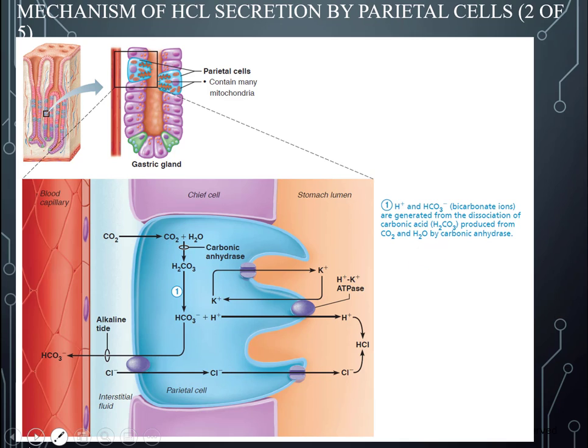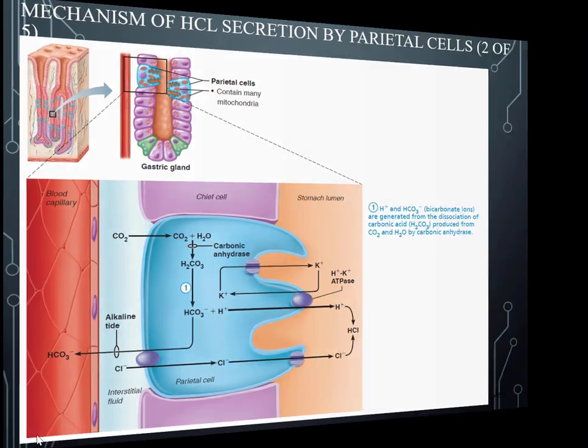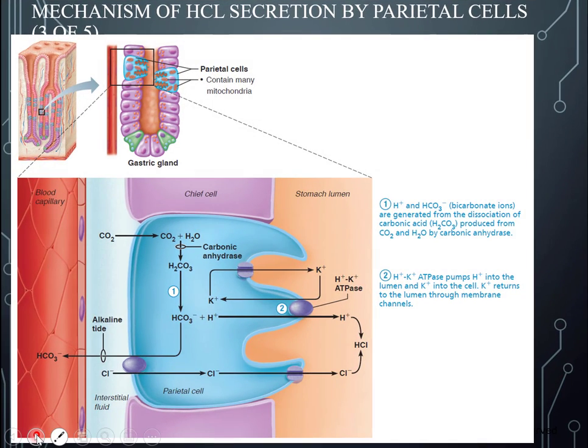First, you have your hydrogen and bicarbonate ions that are generated from the dissociation of the carbonic acid. Then you have your ATPase pumps pumping hydrogen into the lumen.